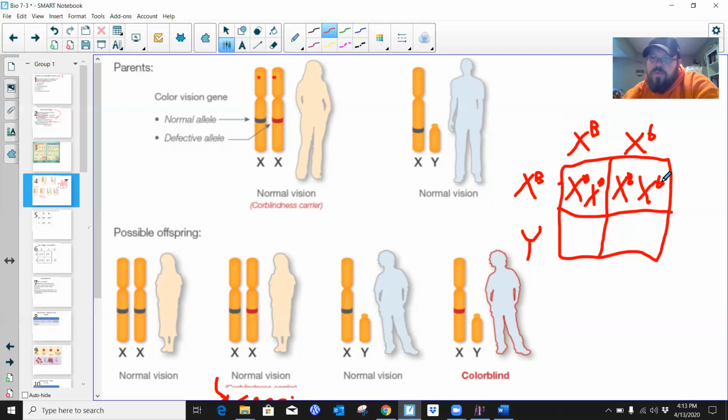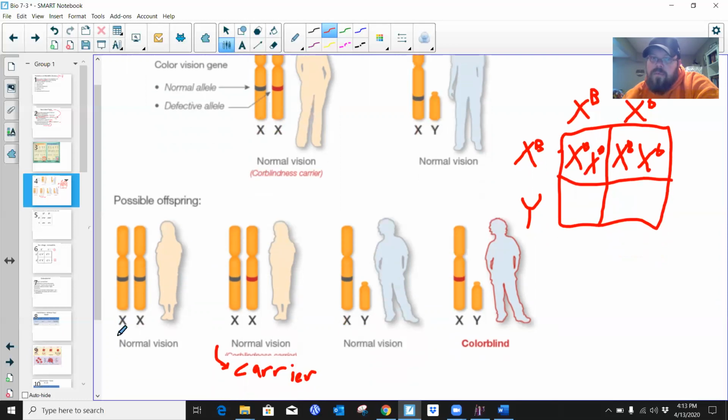So if they had female offspring, it's impossible for them to have any girls that would be colorblind. They would either have normal vision, with both copies of the normal allele, or they would have normal vision but be a carrier.